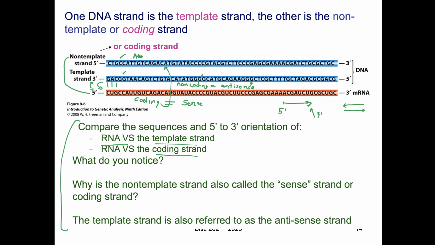This is the part that's most important. If you were to go on to do any kind of molecular work, this kind of understanding of DNA and RNA and coding and non-coding and working with genes is really important.